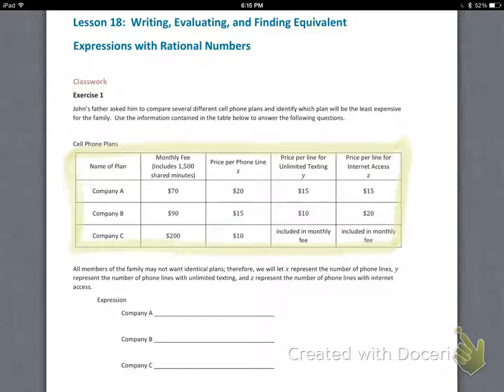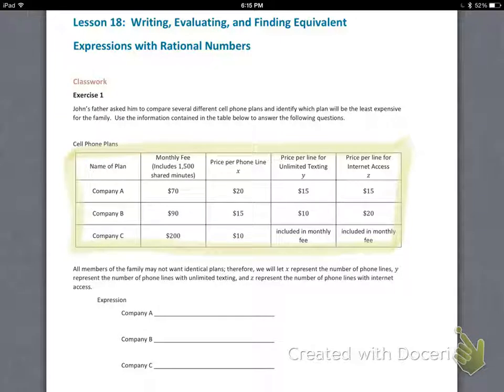You're going to do a little cost analysis here, which is quite a real world application of math, trying to choose a cell phone plan. I mean, it truly is. So right down here, here's all your information.